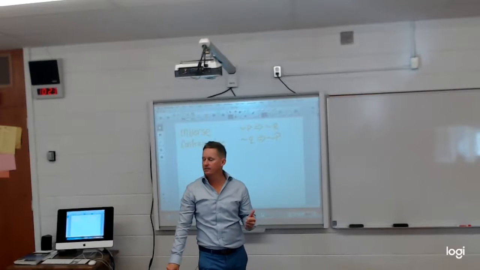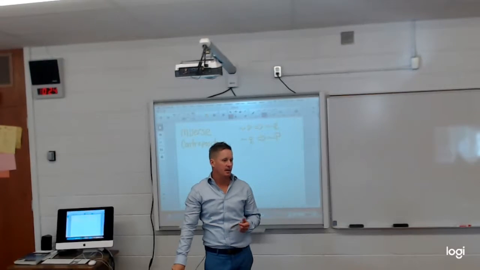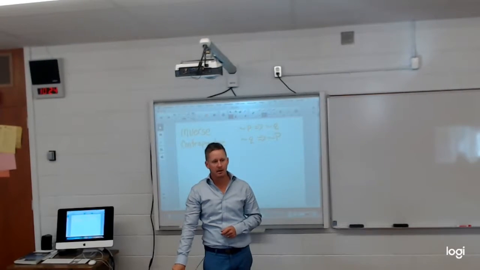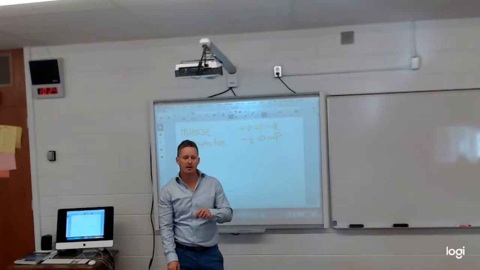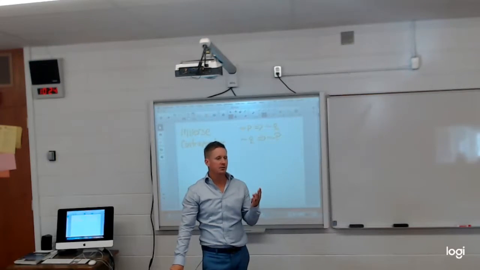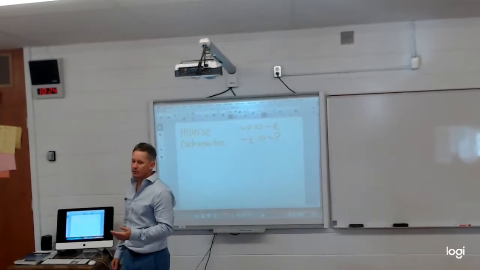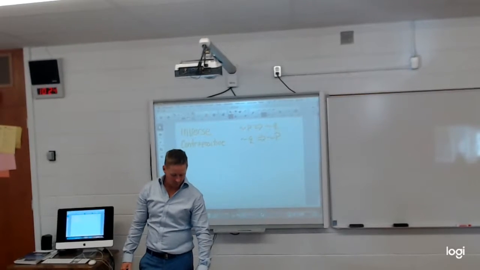The conditional statement: P implies Q. The converse of that statement: Q implies P. The inverse of that statement: not P implies not Q. And the contrapositive is not Q implies not P. Those 4 statements you need to know, and you need to use them in examples.